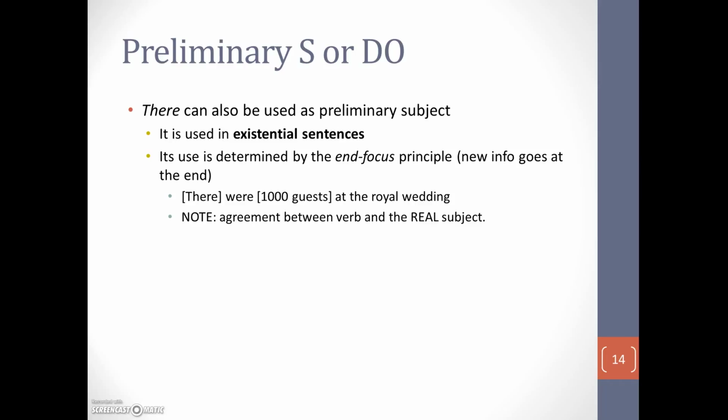But obviously we actually have there here, which is then this preliminary subject, and then 1,000 guests is the real subject in this case. And we can see here that we also have agreement, so concord between the verb were and the real subject, which is 1,000 guests, so plural in this case.